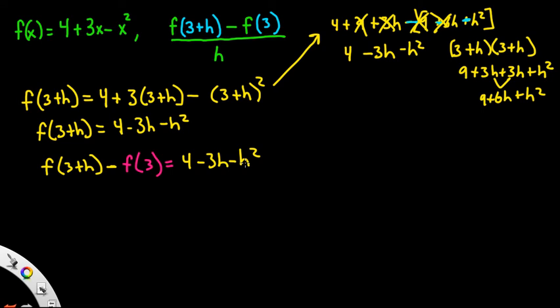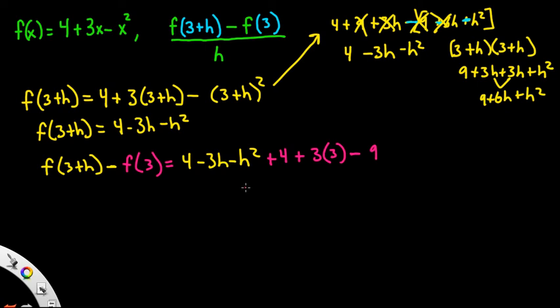Now of course we need to substitute, so we're going to do this whole function again, and for every x we're going to substitute it with a 3. Okay, so first we'll just do this. So we got plus 4 plus 3 times 3, because you got your x, so you're substituting the 3, minus 3 squared, which obviously is 9, so I'll just put that.